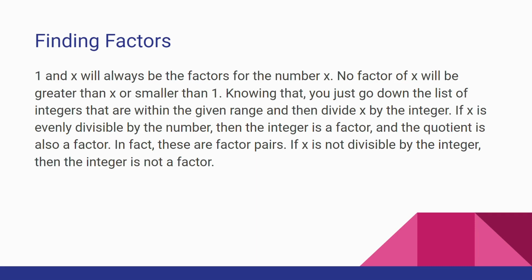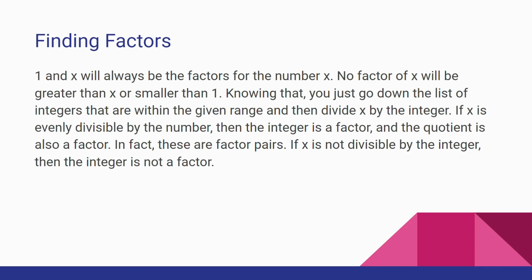So these have to be whole numbers, and they can't go into the negatives, and it also cannot go into 0. So knowing that, you just go down the list of integers that are within the given range, so 1 and greater, and x and smaller.